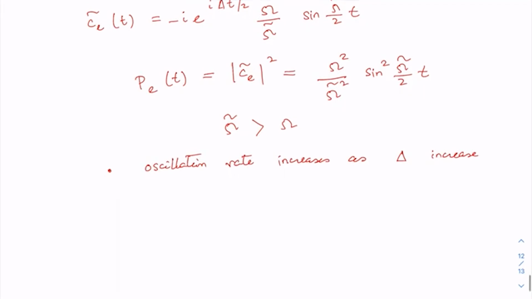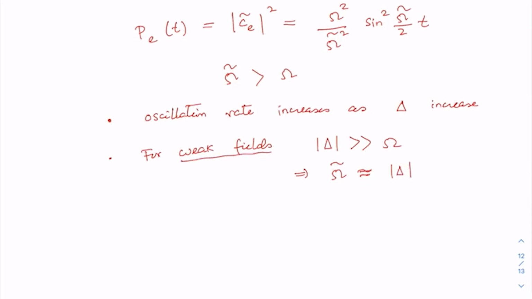And for weak fields the Rabi frequency, not the generalized one, is much smaller than the magnitude of the detuning, which implies that the generalized frequency omega tilde is nearly equal to the magnitude of the detuning. This is for the weak fields.